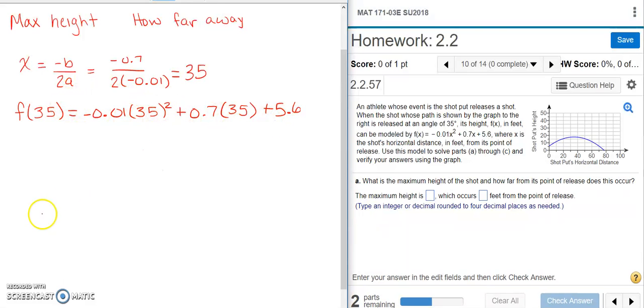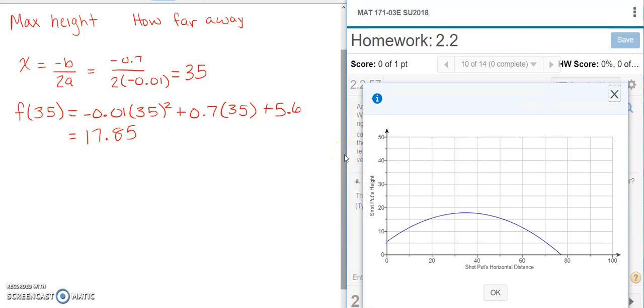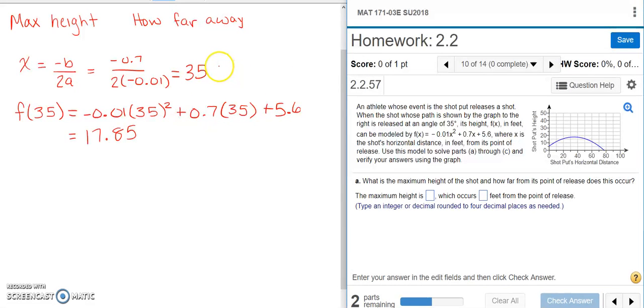So you're going to plug that into your calculator. For that one, I went ahead and got my regular calculator, and plugging it in, I got 17.85. This is why we really can't base it off of the graph, because there was no way for us to know that this was 17.85. So you have to base it off of the formula.